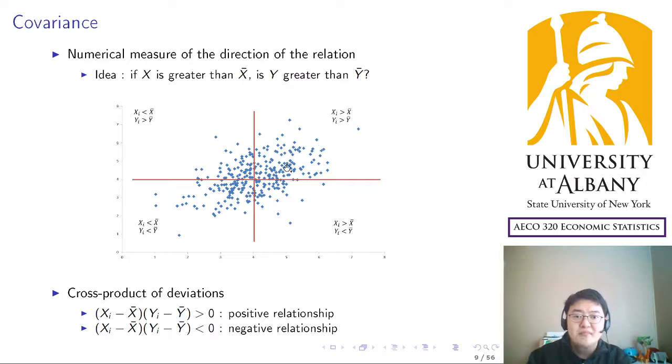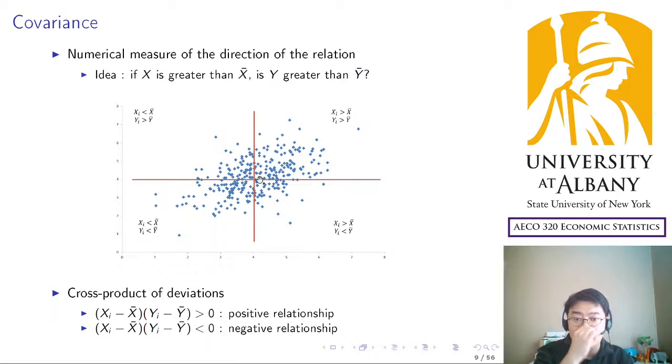And from here, I'm going to split the plane into 4 quadrants. What we'll think about here is the top right quadrant, the first quadrant. Observations there have x greater than its mean, and y is also greater than its mean.